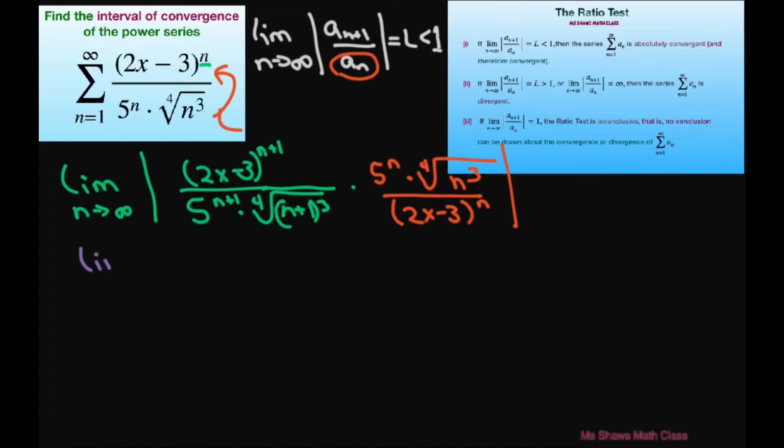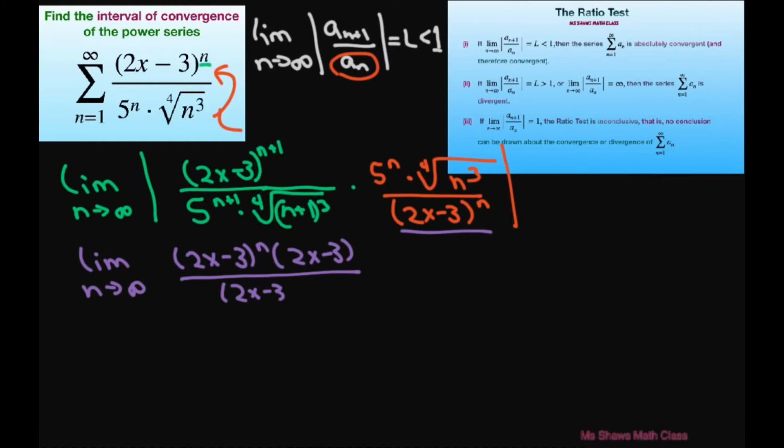Let's write this as the limit as n approaches infinity of (2x minus 3) to the power of n times (2x minus 3), and then put (2x minus 3) to the power of n here. Let's group our 5 to the n's together.